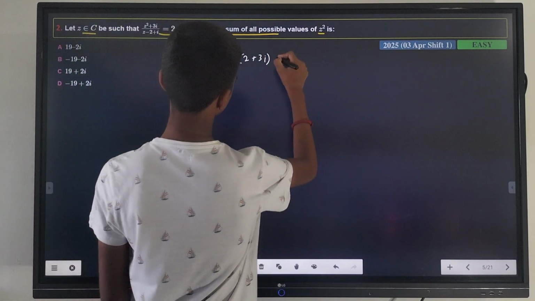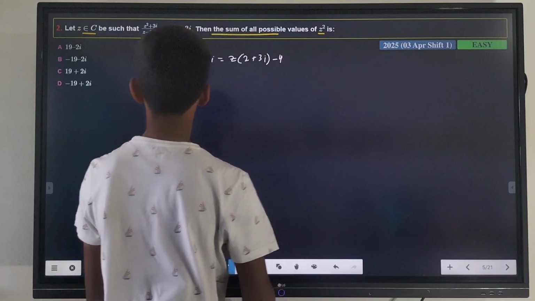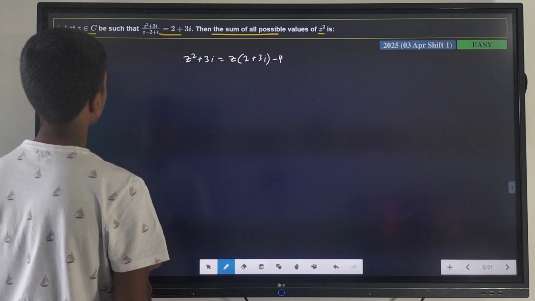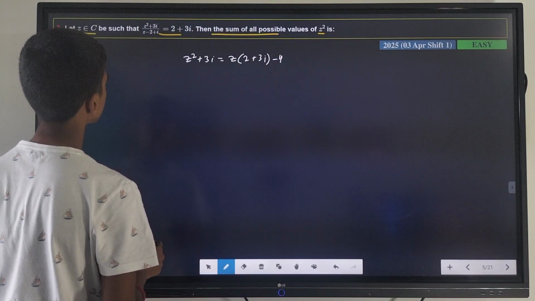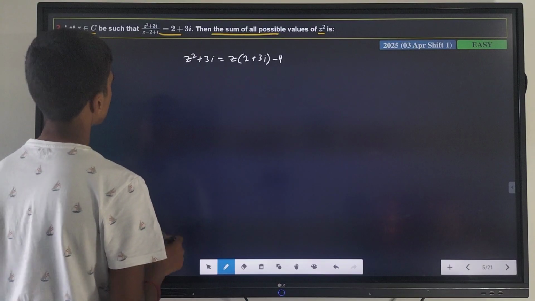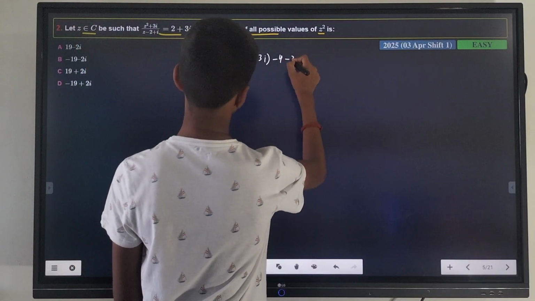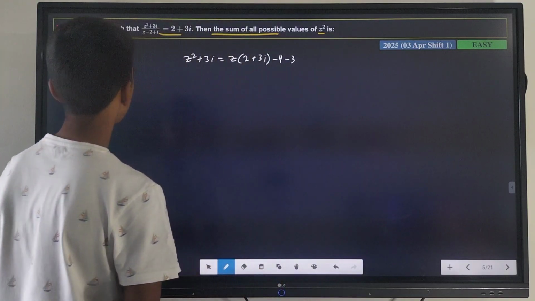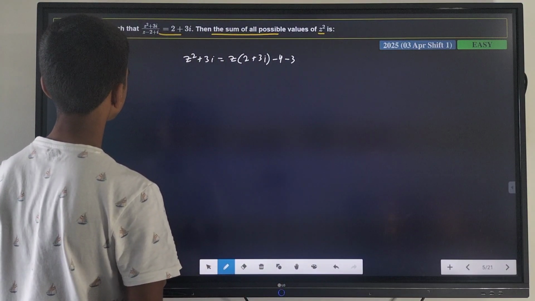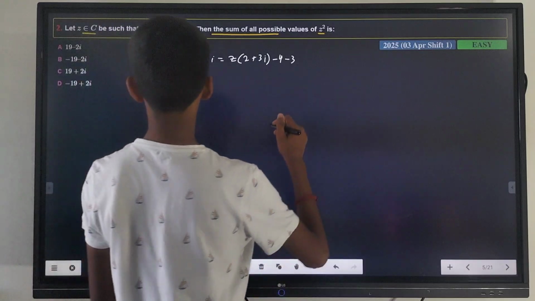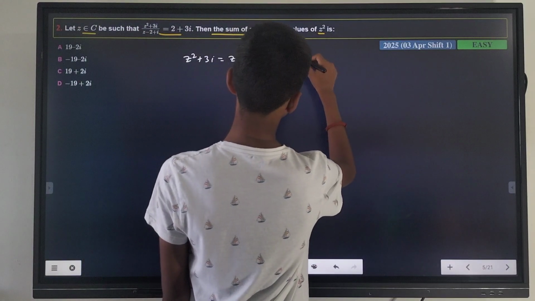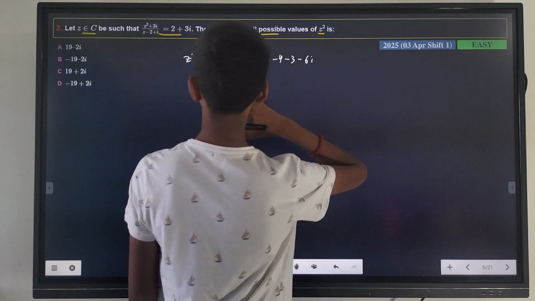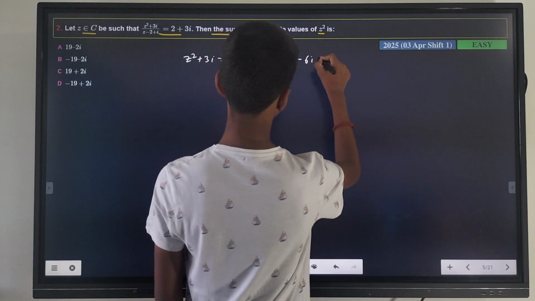minus 4 minus 3 minus 4 minus 3 minus 6 iota plus 2 iota.